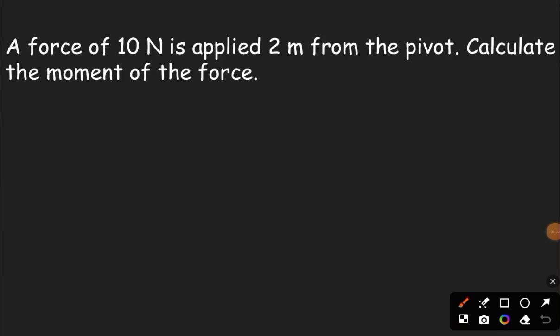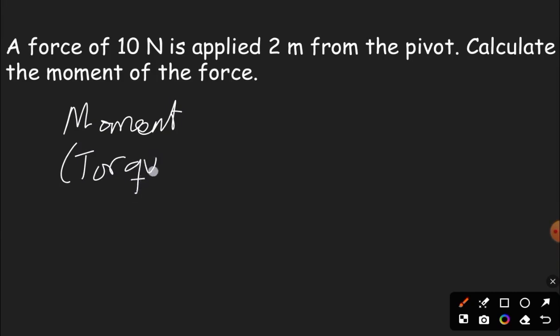Welcome to this series. In this series, we are going to look at moment. Now, moment is sometimes referred to as torque, T-O-R-Q-U-E. Now, what is torque? It is a measure of the tendency of a force to rotate an object about an axis or a pivot point.